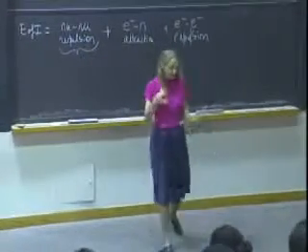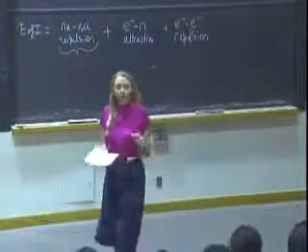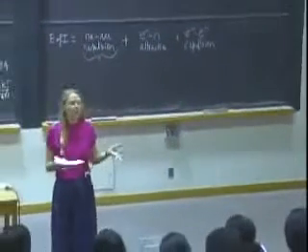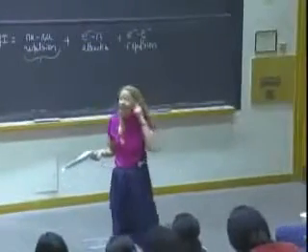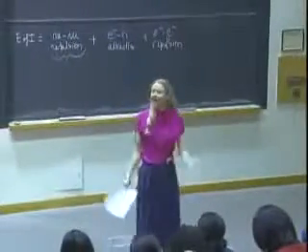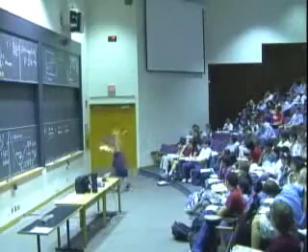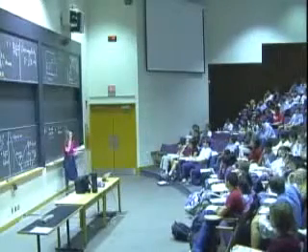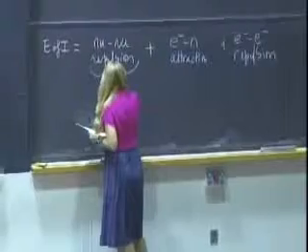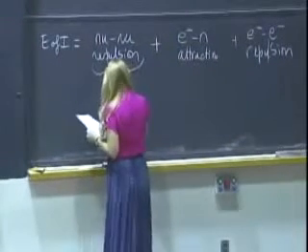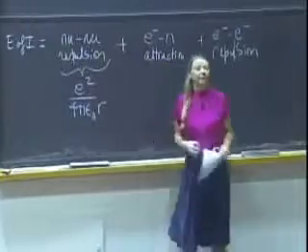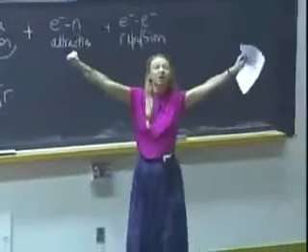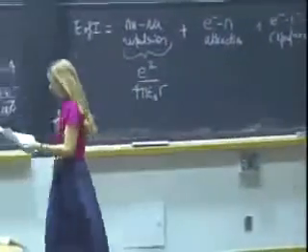If I wanted an R dependence for what that nuclear repulsion looked like, what would that be? Coulomb force, right? It's a repulsive Coulomb interaction. It's e squared over 4 pi epsilon naught R. This is just two like charges that are repelling.